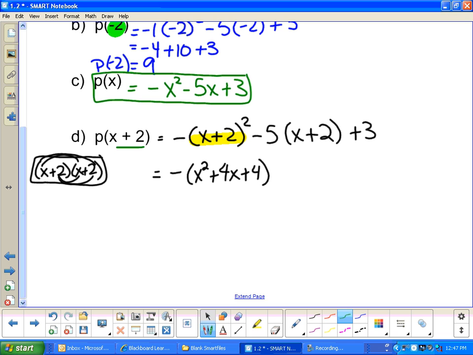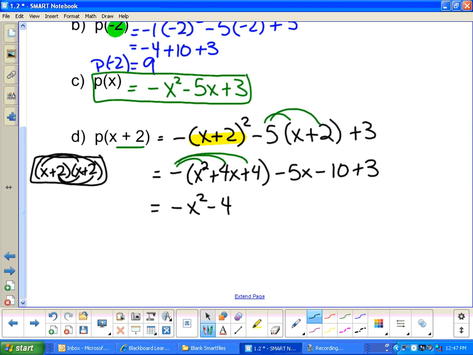I can distribute here a negative 5. I need to distribute the negative. Now I'm going to combine my like terms.